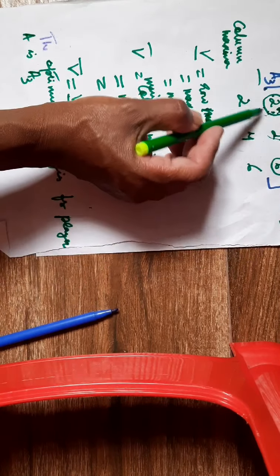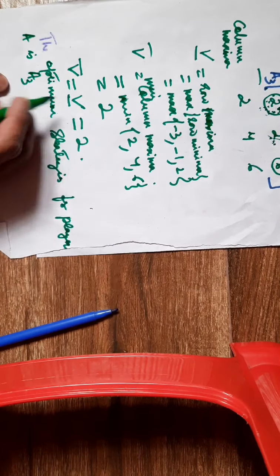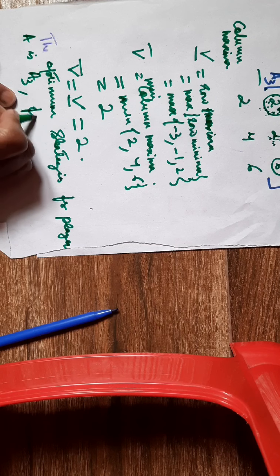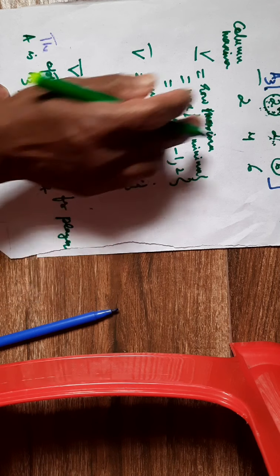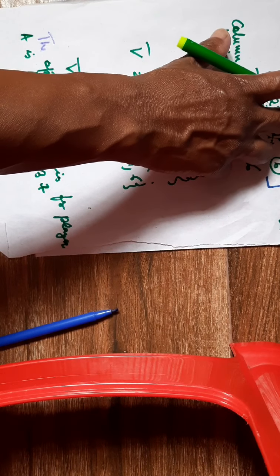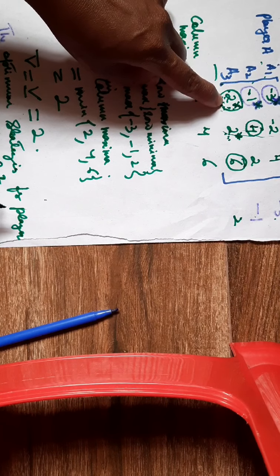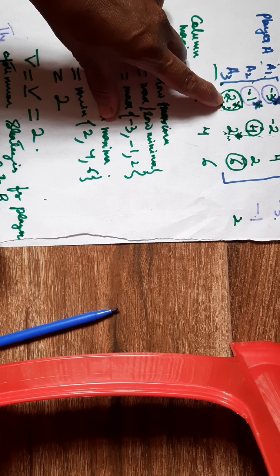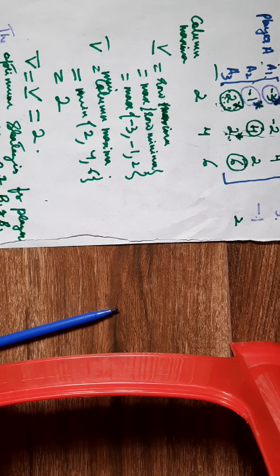But for player B, since these two occurred in the first column and the second column, the best strategy for player B to apply can be B1 or B2 in order to minimize their loss.